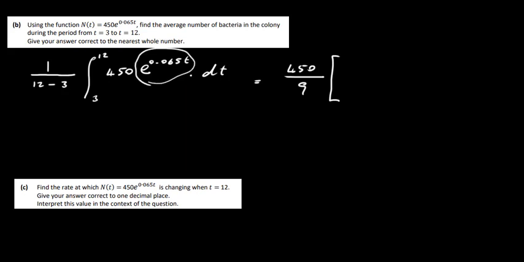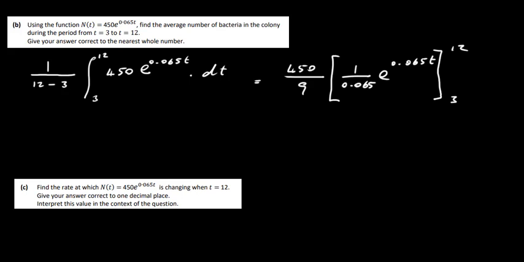So e to the power of 0.065 t will integrate as e to the power of 0.065 t, and because I have this 0.065 here, if I was to differentiate this function, I would end up with an extra 0.065. So I've got to get rid of that, and the way I'm going to do that is divide by 0.065 here. I'm integrating between 3 and 12.